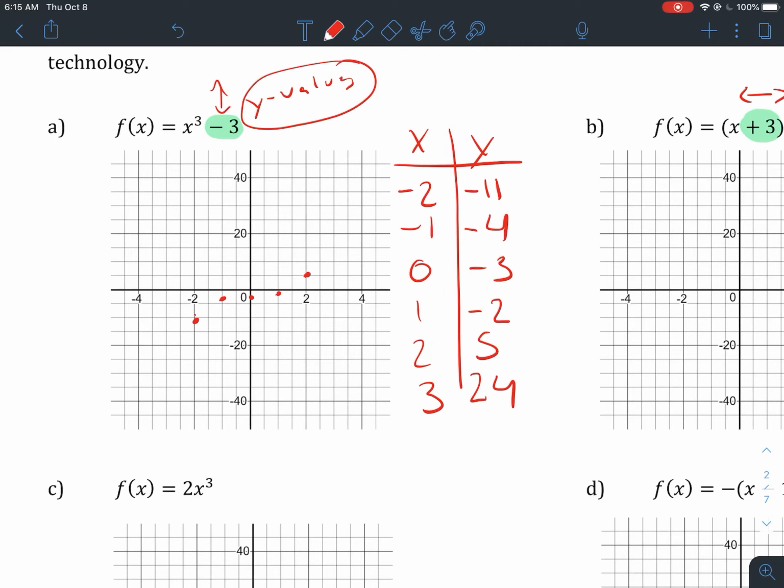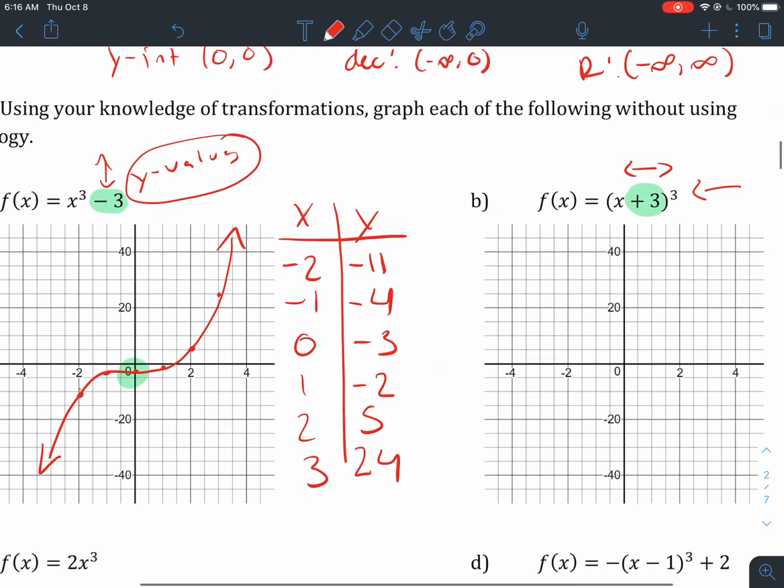We'd be up here, and then 3, 24, which would be about here. So it's very subtle, but you can see that the intercept definitely shifted down. It didn't shift left and right at all. The x-intercept is still at 0, but your y-intercept now is at -3.